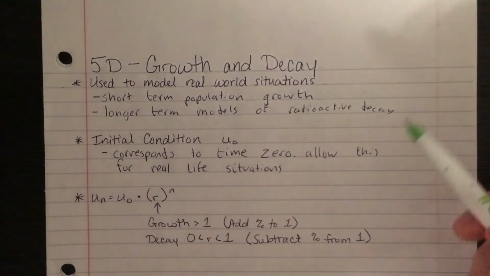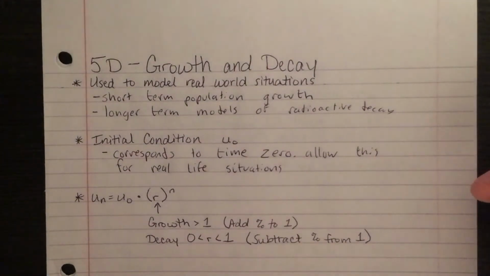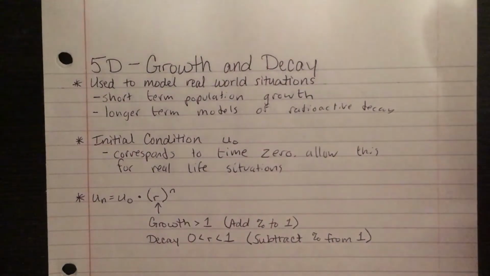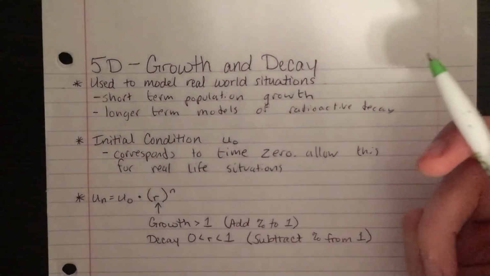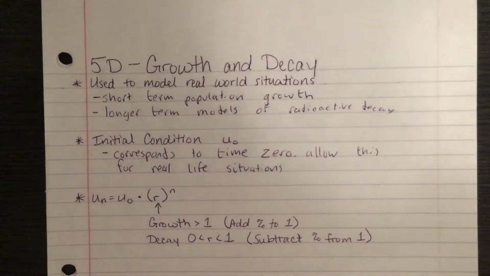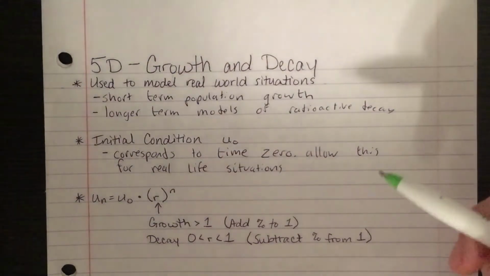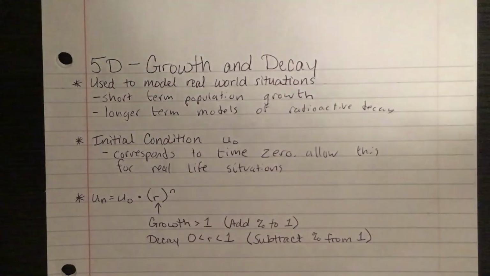Some of the things that you can model with real world situations with growth and decay: you can do population growth, radioactive decay, and interest rates on money. We'll get more into that next semester. But there's a lot of real world applications for these geometric sequences.